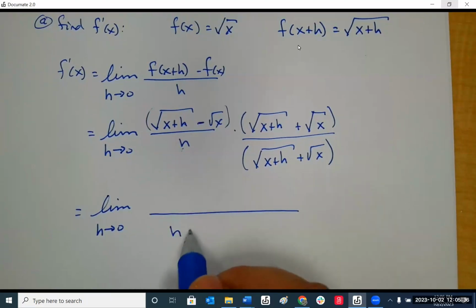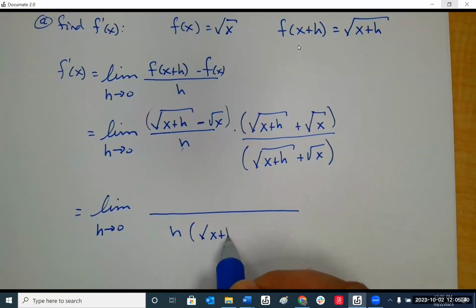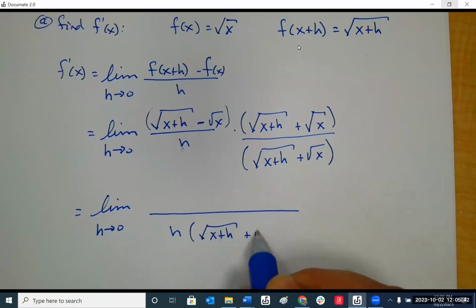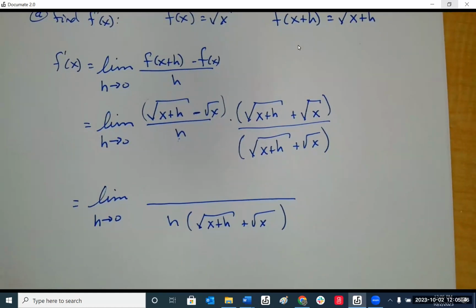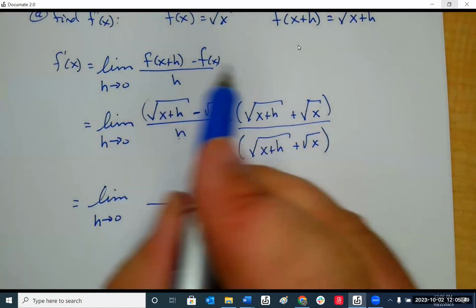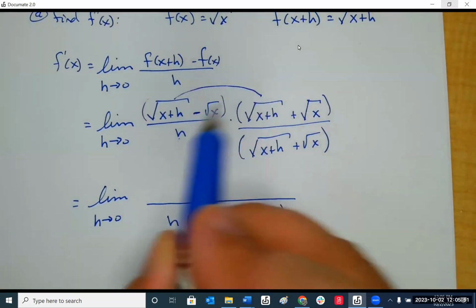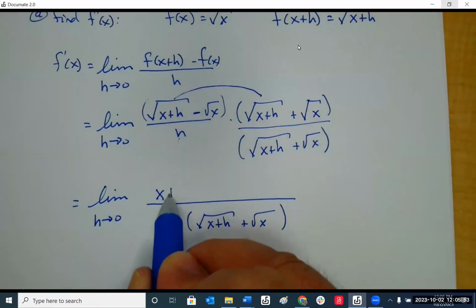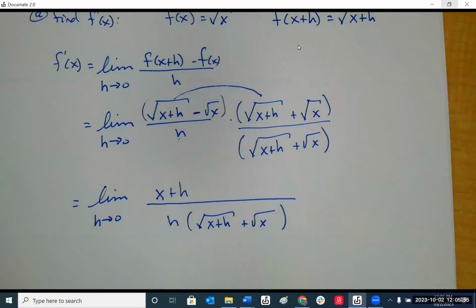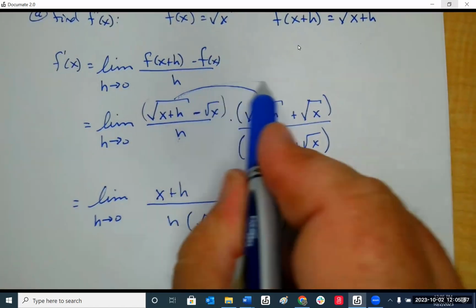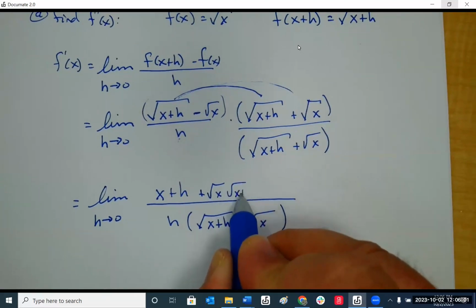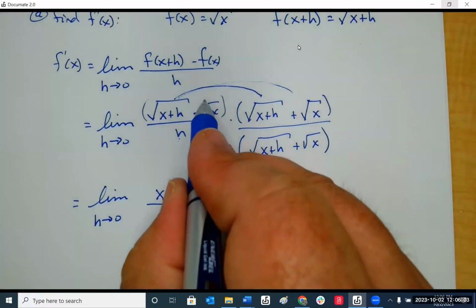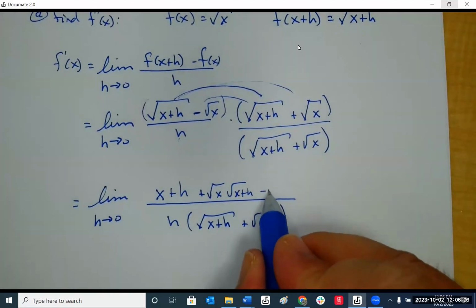So on the bottom, we have... what about the top? We have to now FOIL. So it's x plus h. Then it's plus this. Then it's minus the same thing.